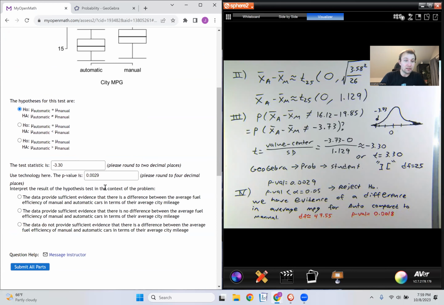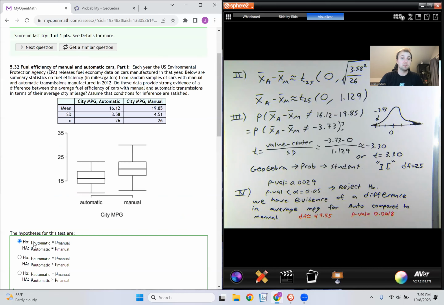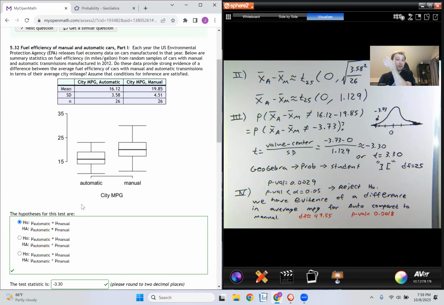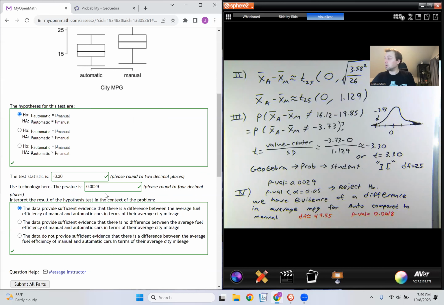So that tells me that there is evidence, it does provide sufficient evidence that there's a difference between the average fuel efficiency of manual and automatic cars in terms of their average city mileage. Full points.